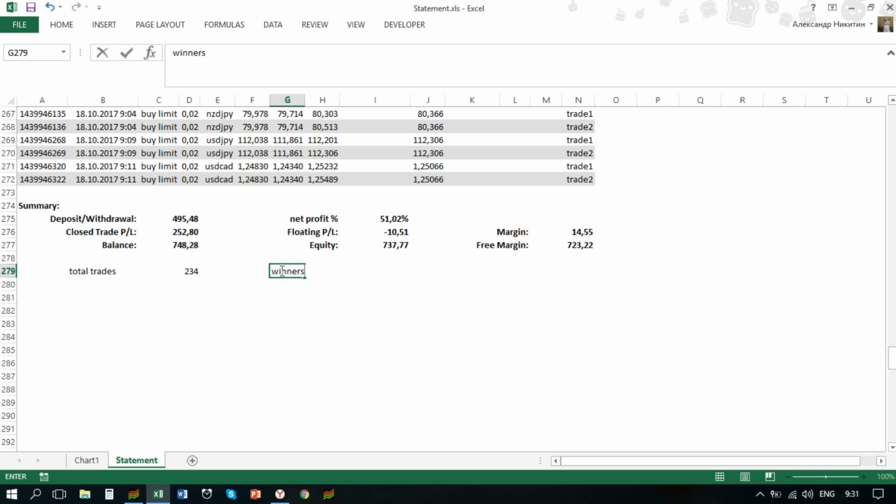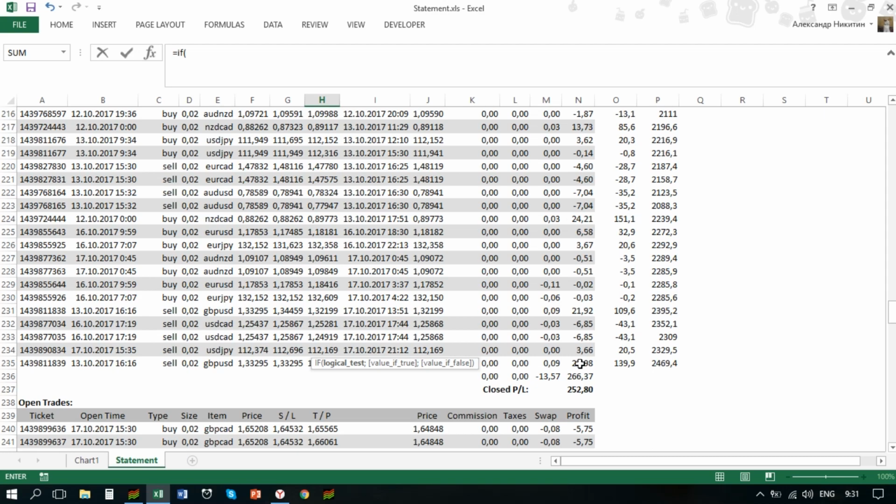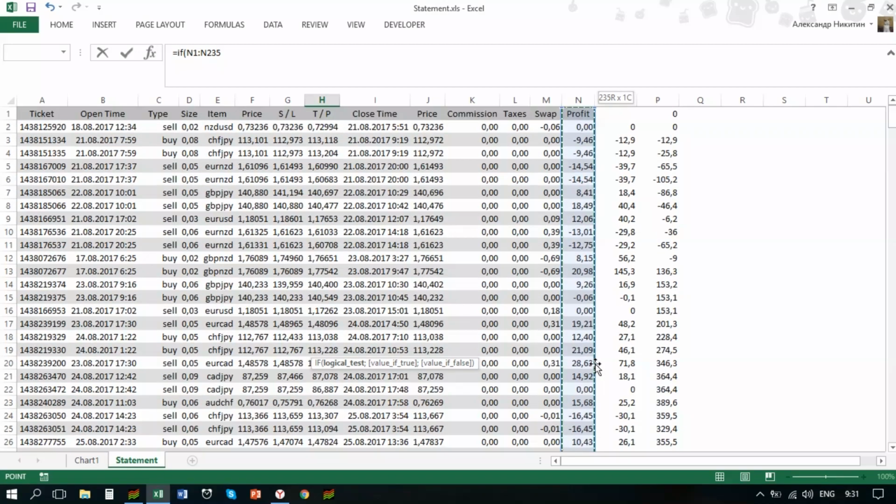Okay. How many winners do I have within those 234? It will be a bit trickier to calculate. If I mark this range again from here to the upside and here, within this range I only need COUNTIF, sorry, not IF.